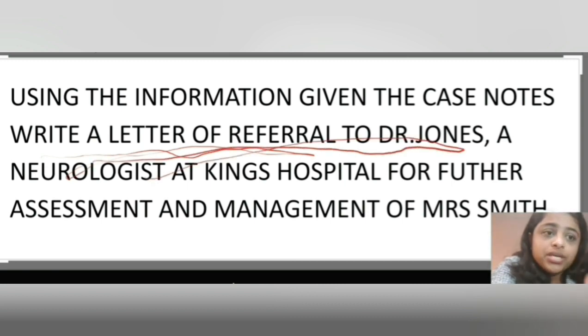So from this, you can understand that you are referring your patient to Dr. Jones. You have to introduce your patient, detail the information and also request from Dr. Jones what care, assessment and management you need for Mrs. Smith. So this is a referral letter. This is how you should be identifying the type of letter.